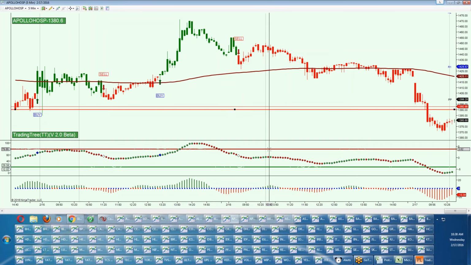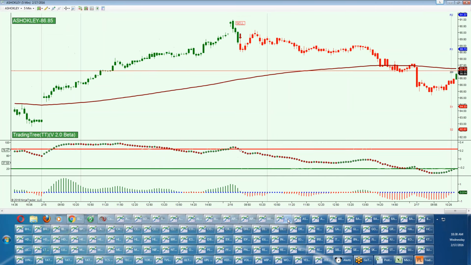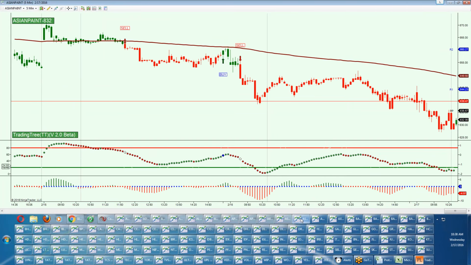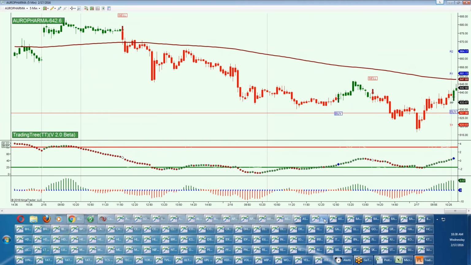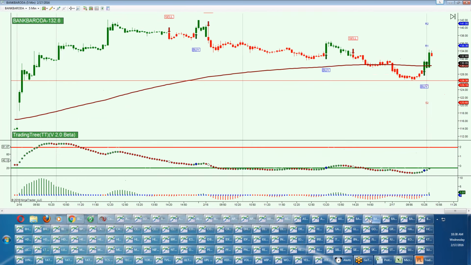Apollo Hospital has done its targets on the sell side. That's Apollo Tire. Arvind, we should get a buy. Same thing with Ashok Leyland. That's your entry for Bank of Baroda.